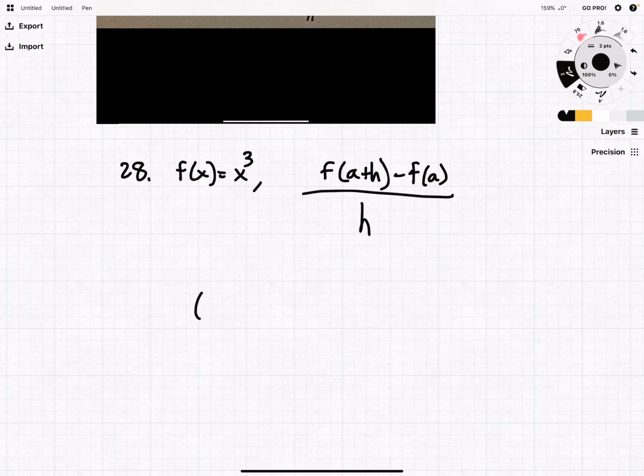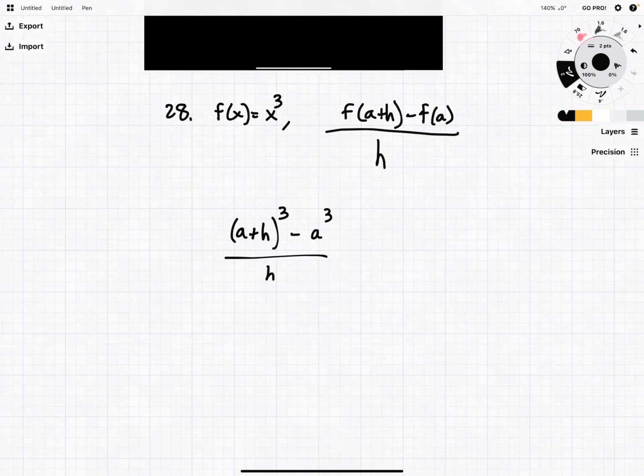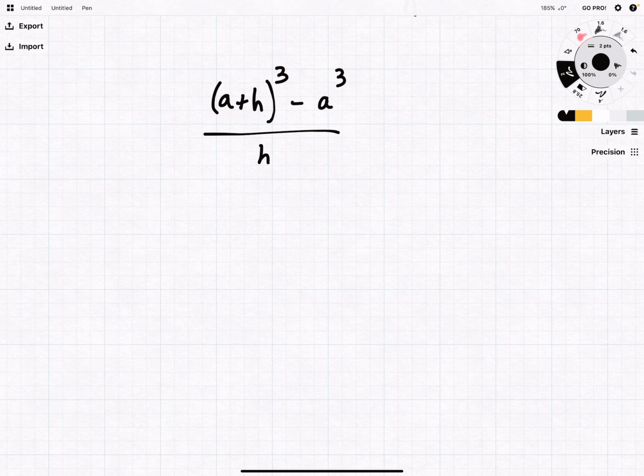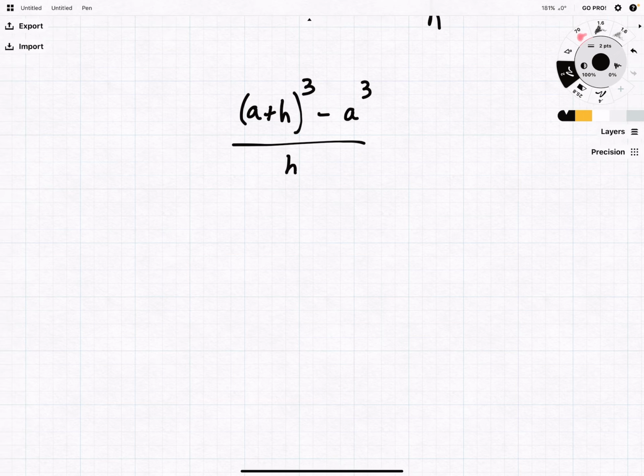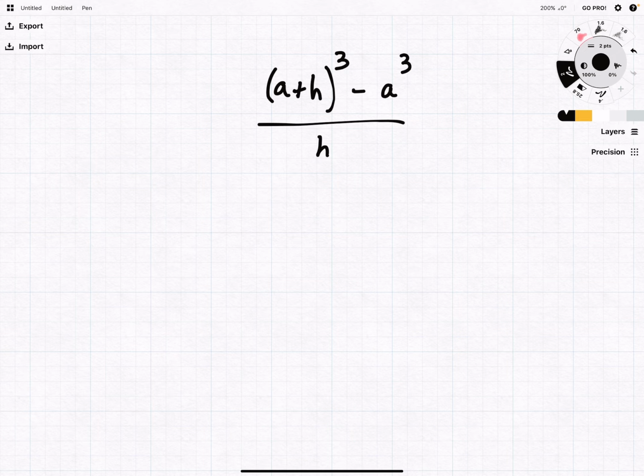We have a plus h cubed minus a cubed all over h. And yeah, we'll have to do some algebra for this. If you know Pascal's triangle, that could make this go quicker, but we'll save that for now. That could be for a different video. So we'll just multiply it all out by hand.